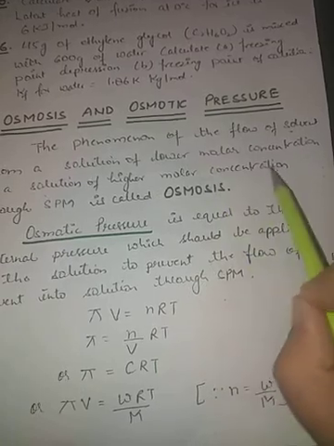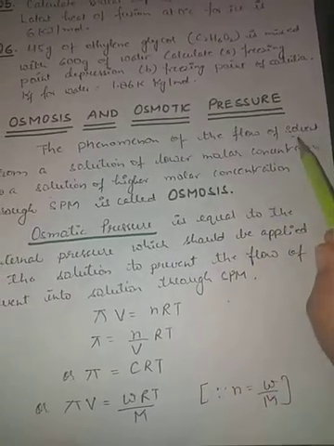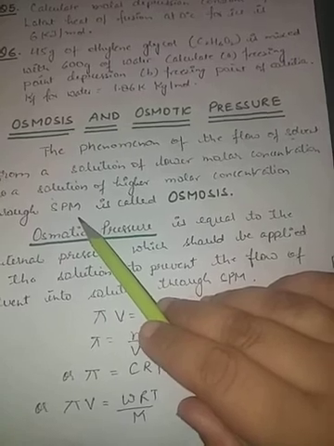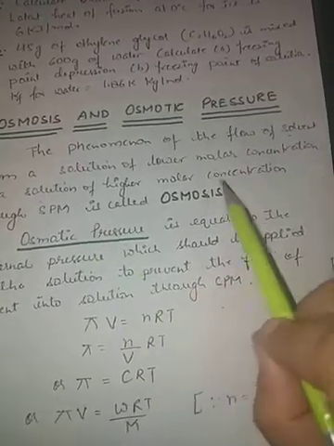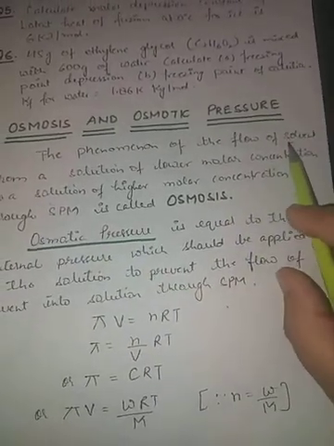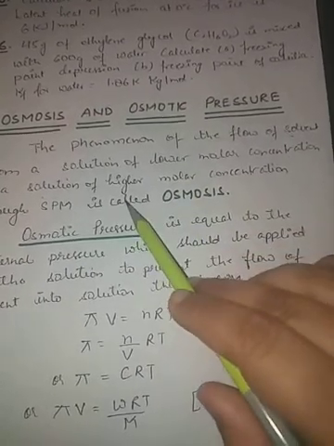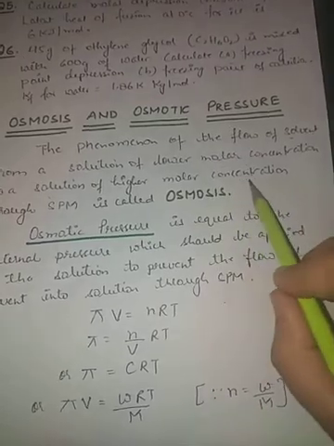The flow of a solvent only takes place through the SPM, because the SPM does not allow the solute particles to flow through it. So the movement of solvent only takes place from the solution of lower molar concentration to the solution of higher molar concentration.